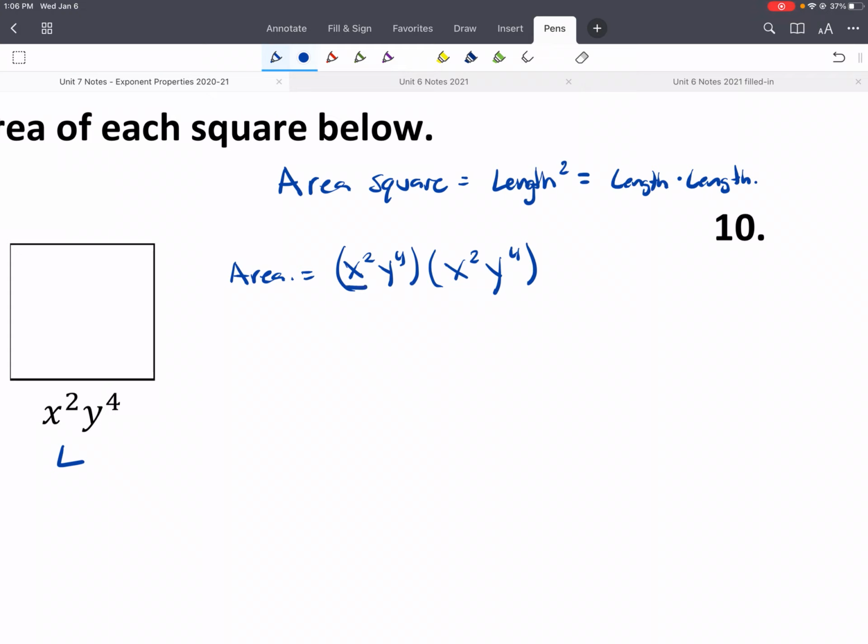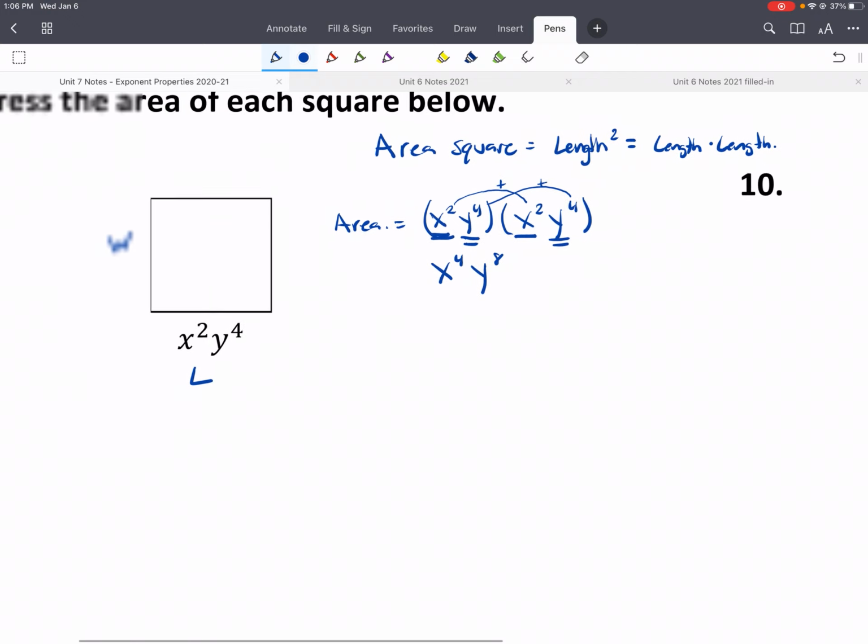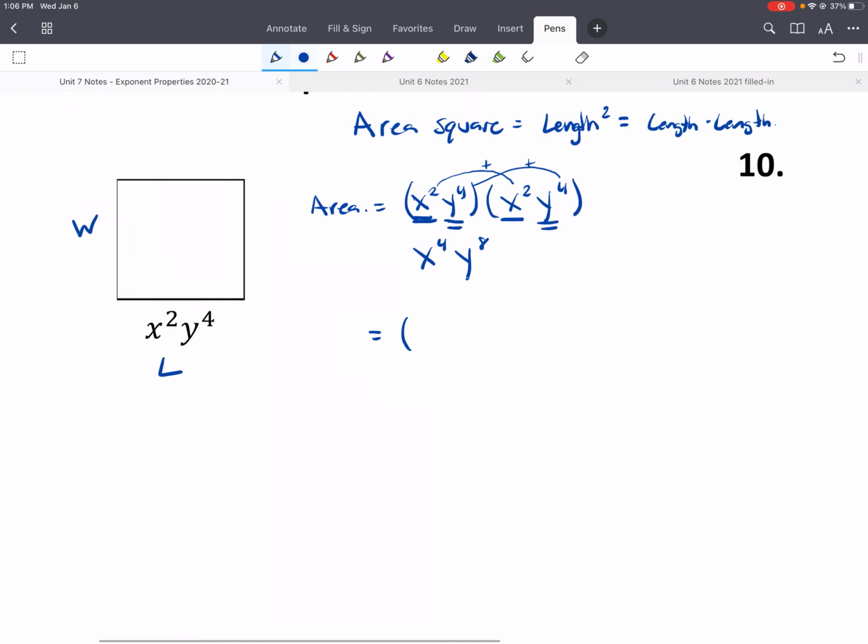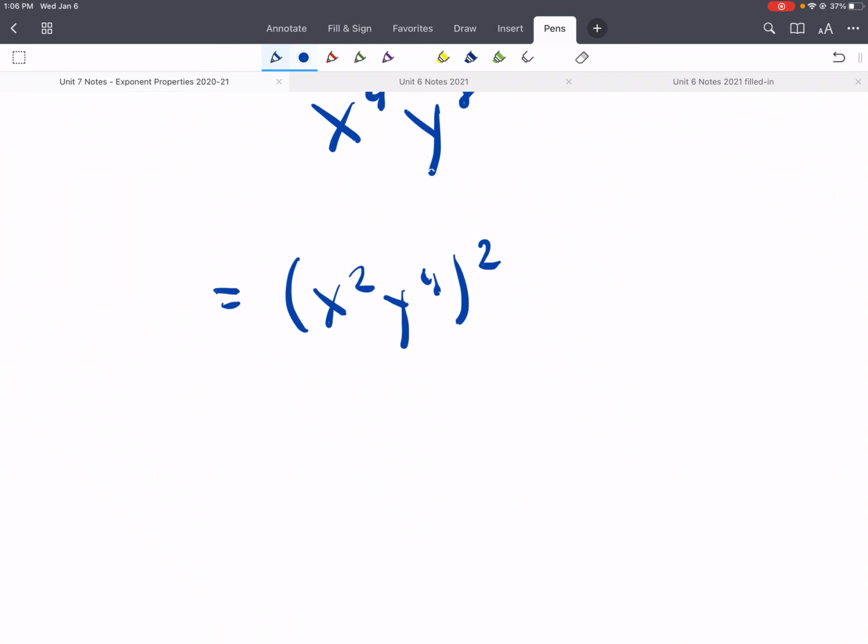All right, and so we have like bases. Here we could just add those exponents, so x to the 4th. And then these are like bases. That'd be y to the 8th. Again, if we're multiplying like bases, we will add their exponents. If you had it the other way, if you did the x squared y to the 4th squared, then we'd do the same thing that we did above.